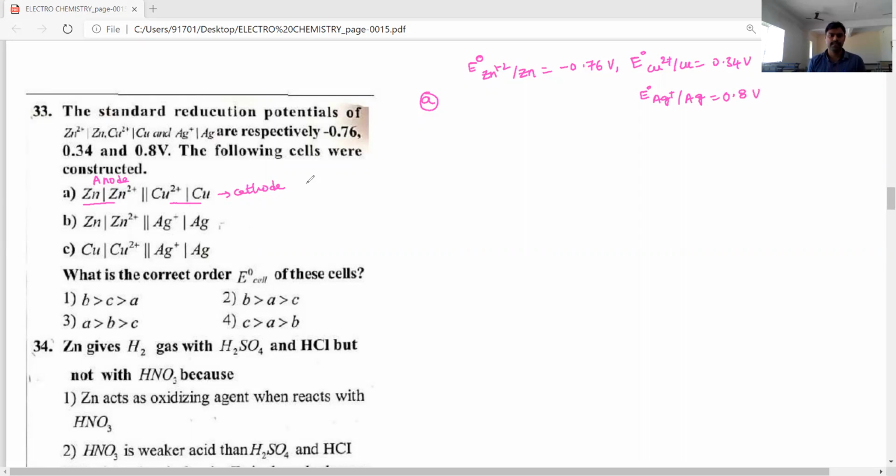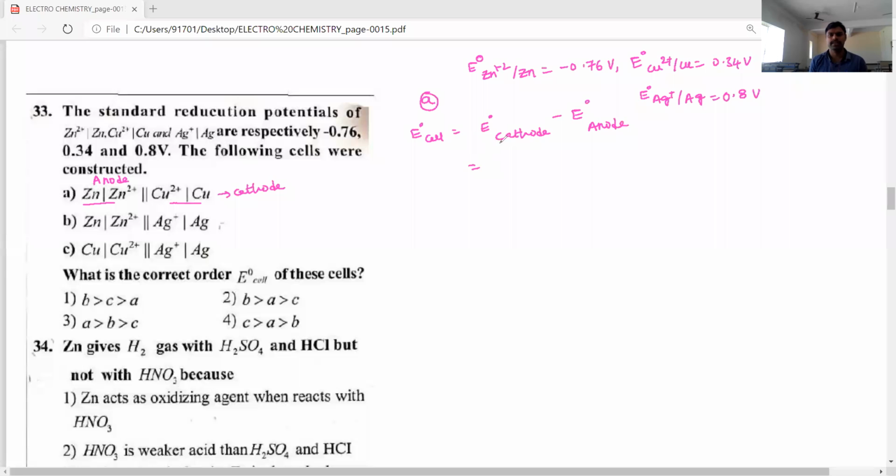Now in this case, for the first cell, if reduction potential values are given, then E0 cell is equal to E0 of cathode minus E0 of anode.